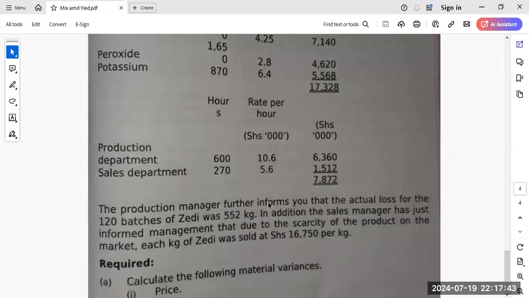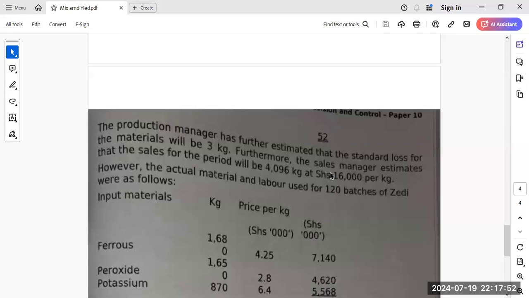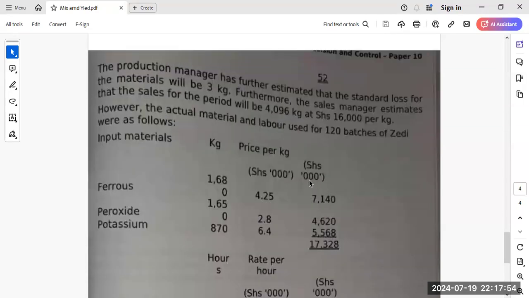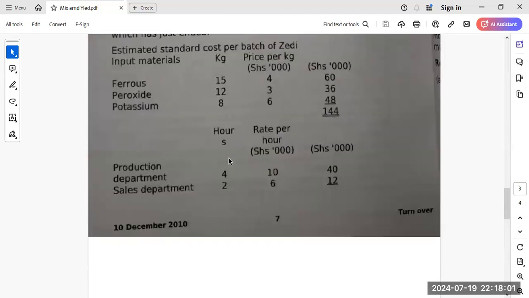Other things are not necessary in this question because the question is just about material variance. However much you're given sales, you don't need to use sales anywhere. So you will do this. Just the same concept.